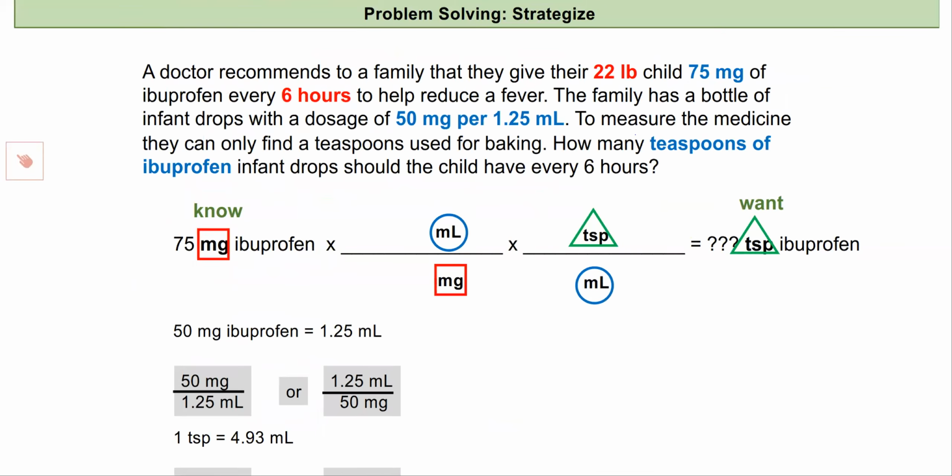Now that I have identified my important pieces of information, I like to develop a strategy. So I have my starting point written out, my 75 milligrams of ibuprofen, and the units that I want to end up in, my end point. And in between the two, I start by just writing some lines that'll represent conversion factors in the fraction format.